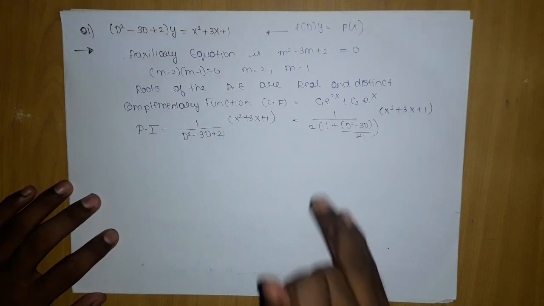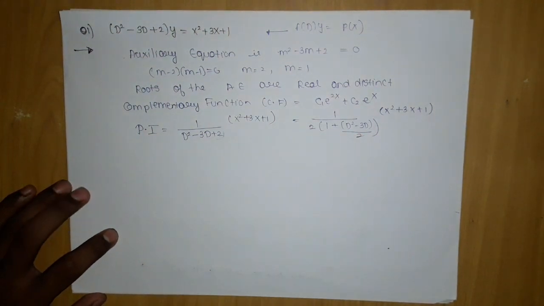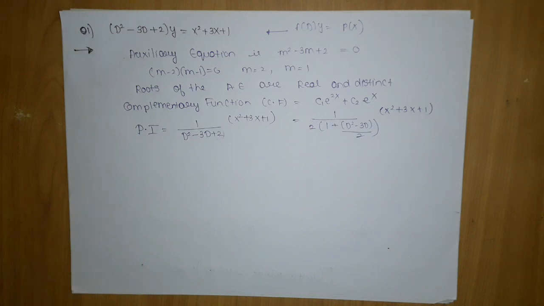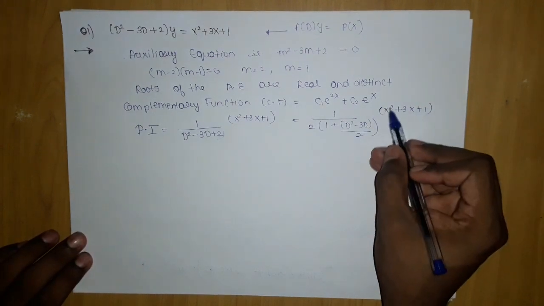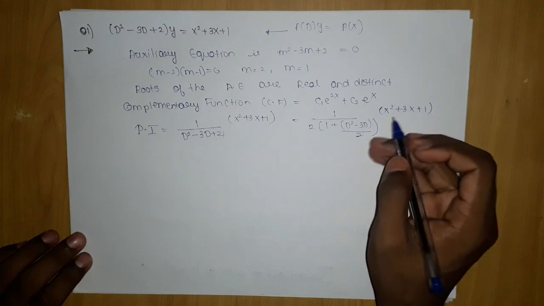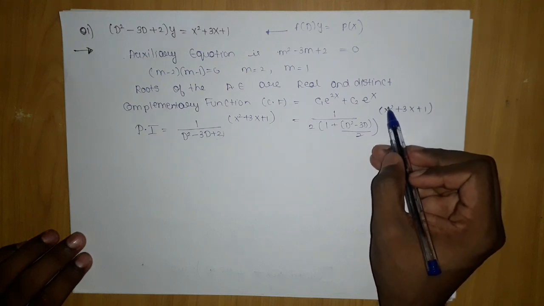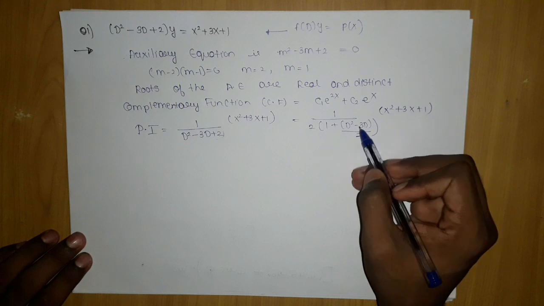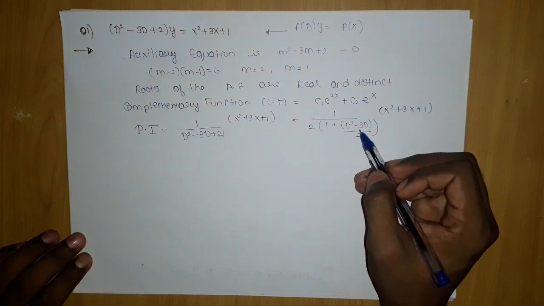Now you can see it is nothing but 1 plus x format, and you remember 1 by (1 plus x) was a series and its expansion I have told you to write. Now till what term we are going to write the expansion depends on the highest power present in the polynomial. Here the highest power present in the polynomial is 2, so we are going to write till power 2.